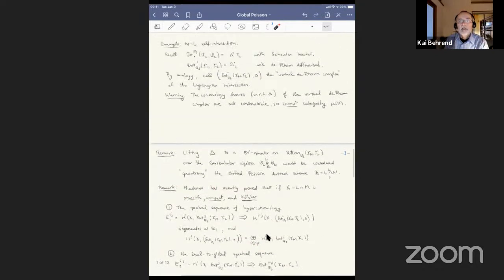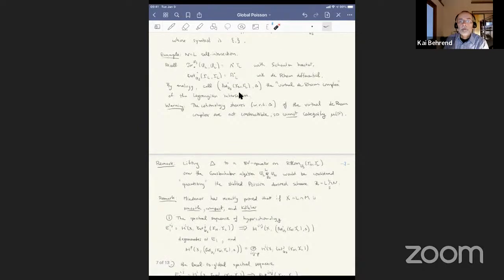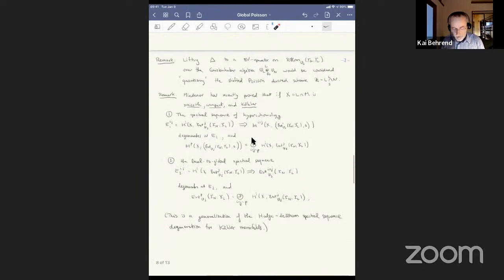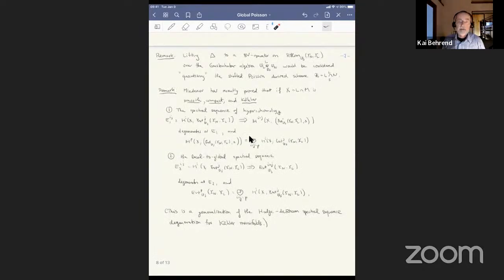We've got a generalization of the de Rham complex, so you can ask about degeneration of analogs of Hodge to de Rham spectral sequences and so on. In certain cases these do degenerate, but so far it seems to be restricted to smooth, compact, and Kähler intersection. And as I said, mostly I'm not so interested in the case where the intersection is smooth.